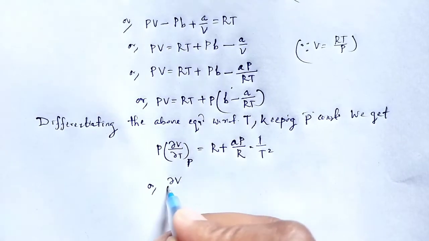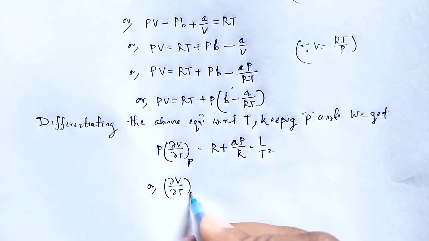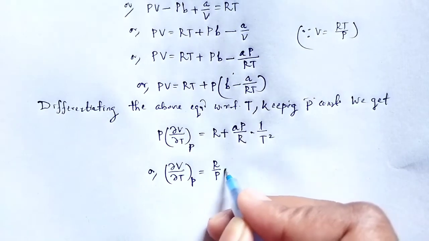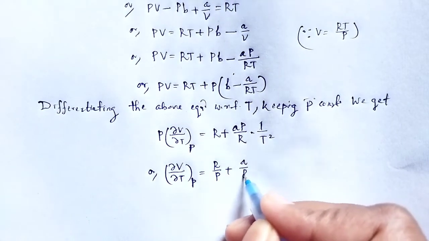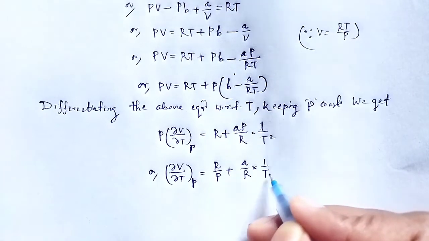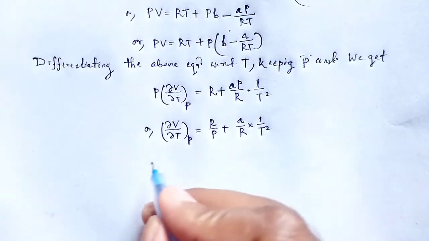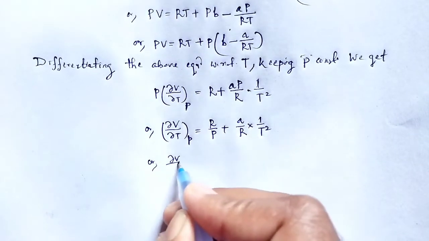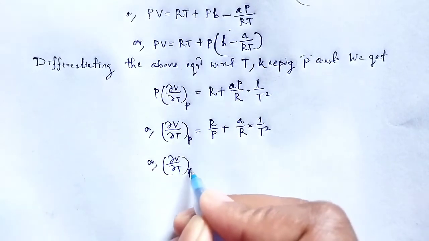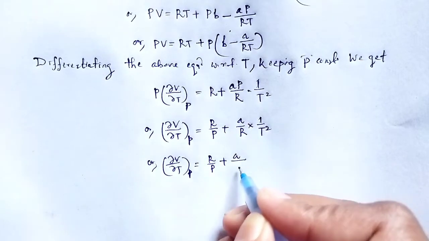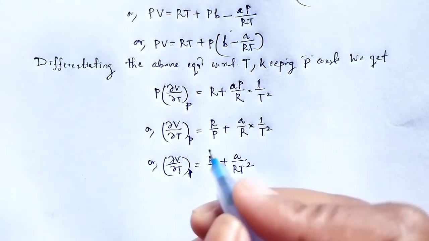So del V by del T at constant pressure is equal to R by P plus A by R T square.